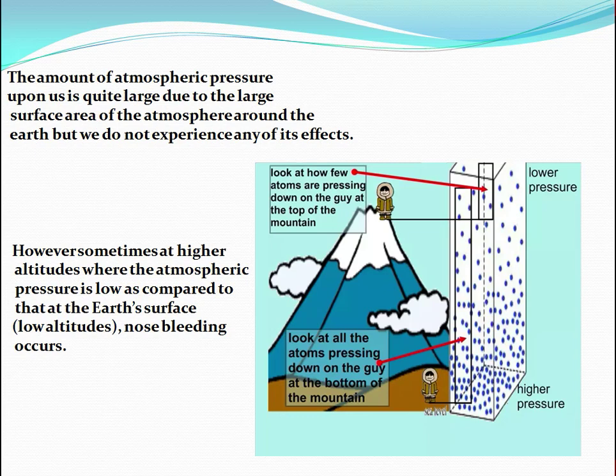However, sometimes at higher altitudes where the atmospheric pressure is low as compared to that at the Earth's surface, nose bleeding occurs. This is because at that time the blood pressure in our body becomes higher than the atmospheric pressure outside us.